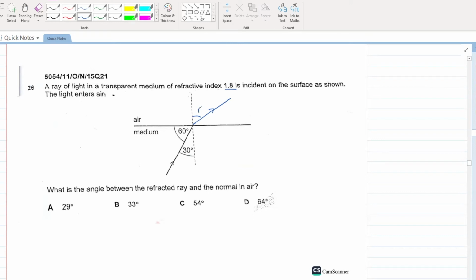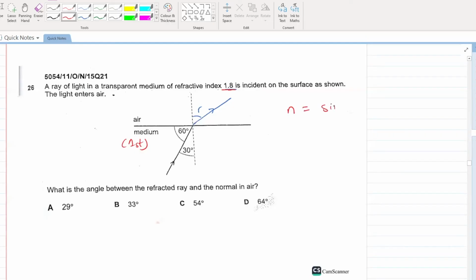The refractive index of the transparent medium is 1.8. So we are almost given everything. We are given the refractive index of the medium, that is 1.8, and the medium is the first medium. So which formula of refractive index will we apply?